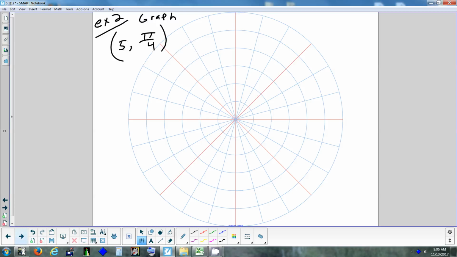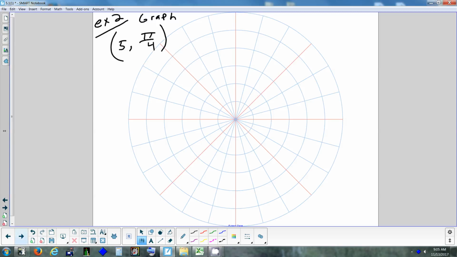Okay, let's try 5 comma pi over 4. Paige, what's a little different about this one? Both the radius and the angle are still positive, but something's different. Yeah, the angle is in radians. So if we want, we could change it to degrees if that's easier to graph in.